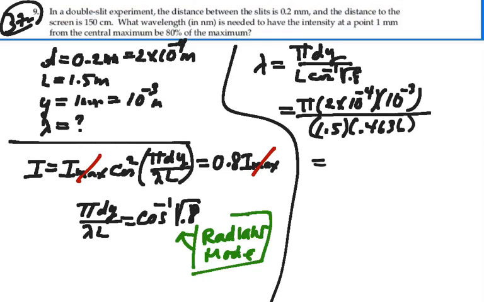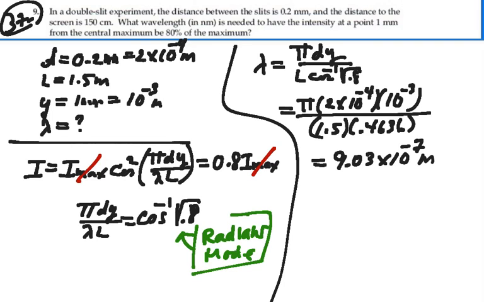So what do we get? I get 9.03 times 10 to the minus 7 meters.